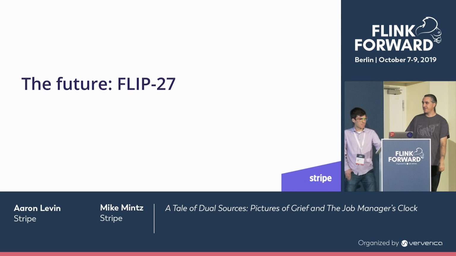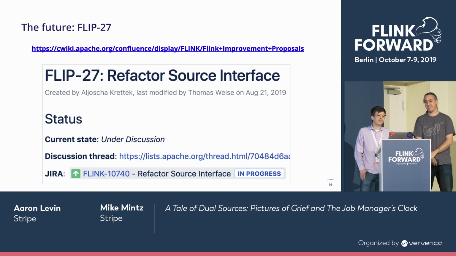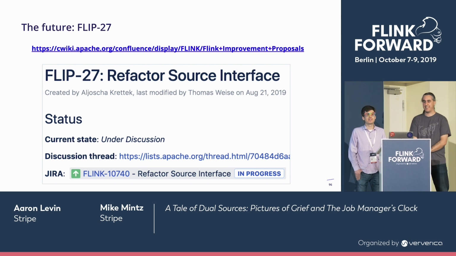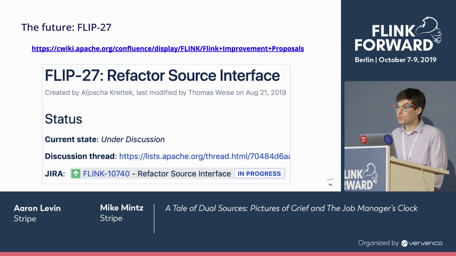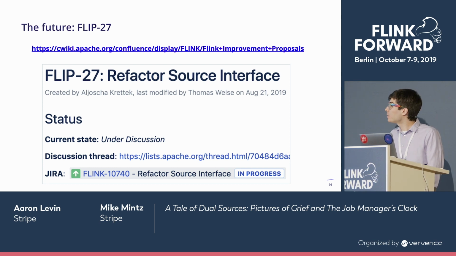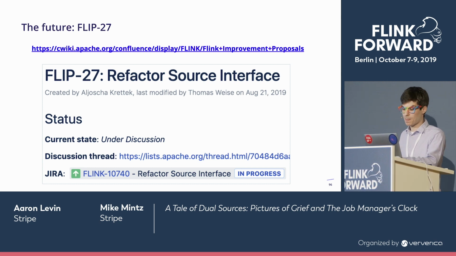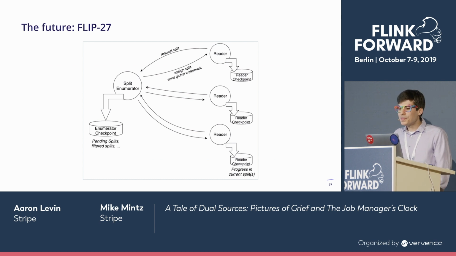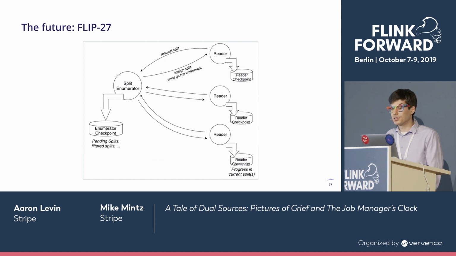All right. So one thing that we saw on the mailing list was that we weren't the only ones having trouble implementing sources in Flink. In fact, there is a proposal, FLIP-27, to refactor the source interface in Flink. And while this isn't available in the latest version of Flink, it could greatly simplify the implementation of a dual source. One thing this proposal does is to split sources into two sequential operators, the split enumerator and the reader.